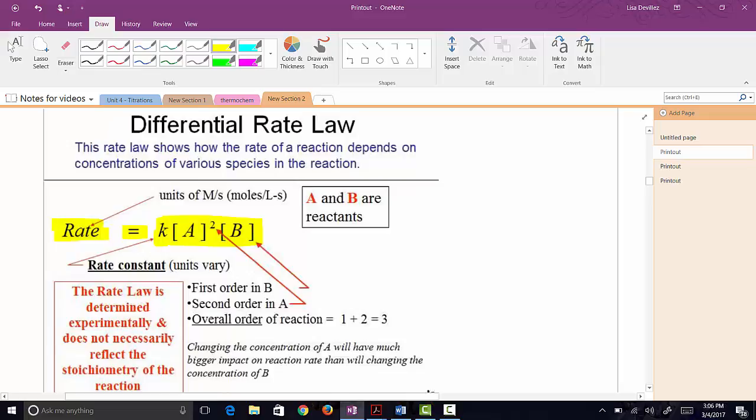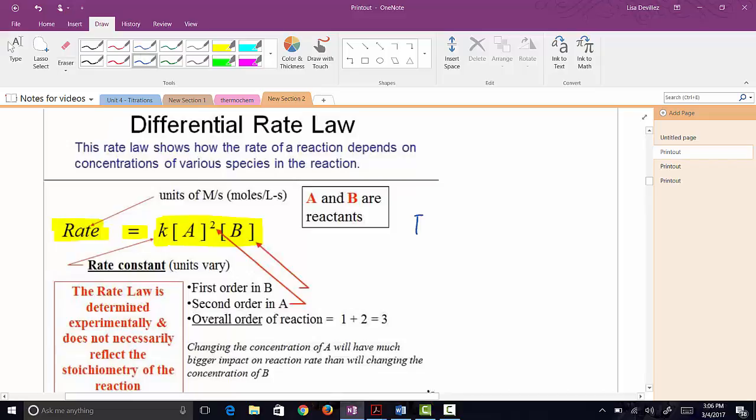And so if changing it affects the rate in the same way it was changed, in other words, if I double the concentration of a reactant and that doubles the rate, or if I triple the concentration of a reactant and that triples the rate, we call that first order.